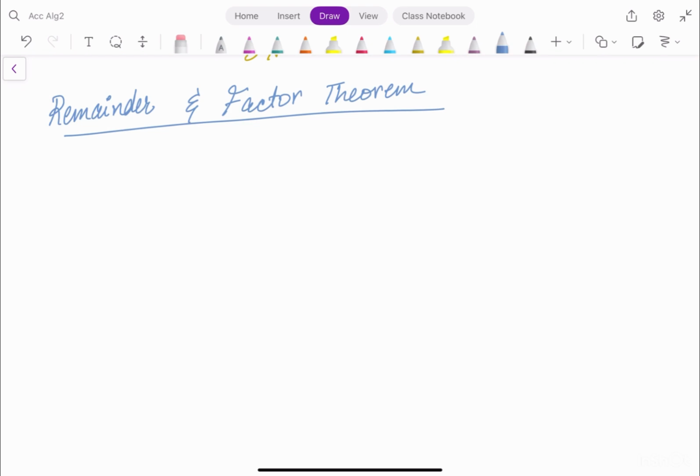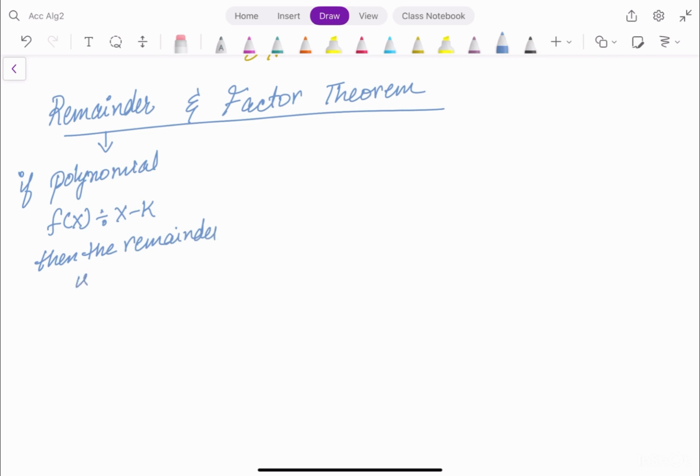For the remainder, we are saying if the polynomial f of x is divided by a linear function, that means x minus k, then the remainder is nothing but f of k. That means if I plug the value of k in the function, that is the remainder. And for this, we use synthetic division.